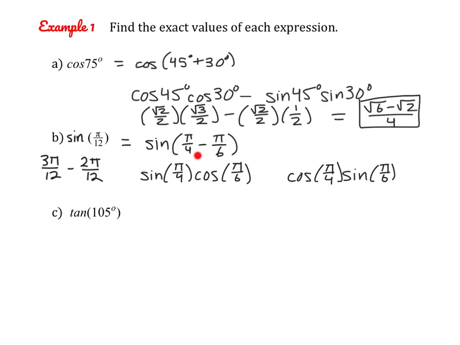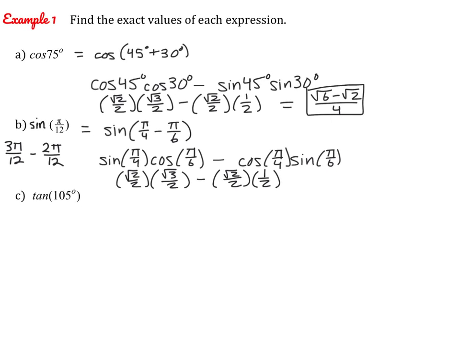Remember, for sine, you can remember it because the sign matches. And now we just need to evaluate the individual expressions. So sine of pi over 4, again, is root 2 over 2. Cosine of pi over 6, root 3 over 2, minus root 2 over 2, times 1/2. So here, we actually get the same exact answer.